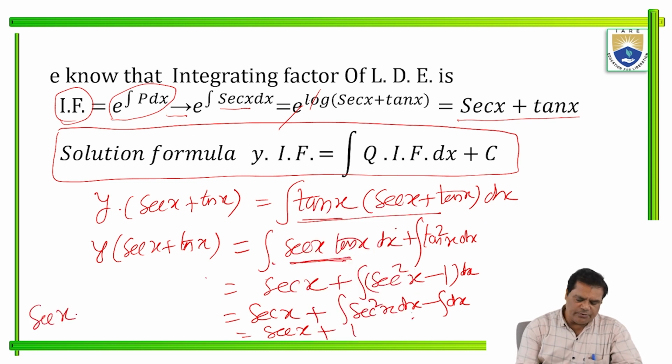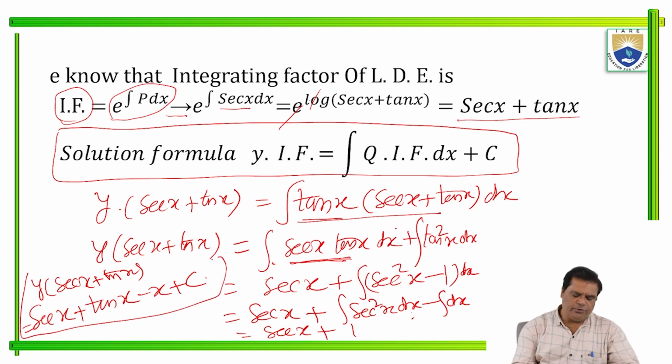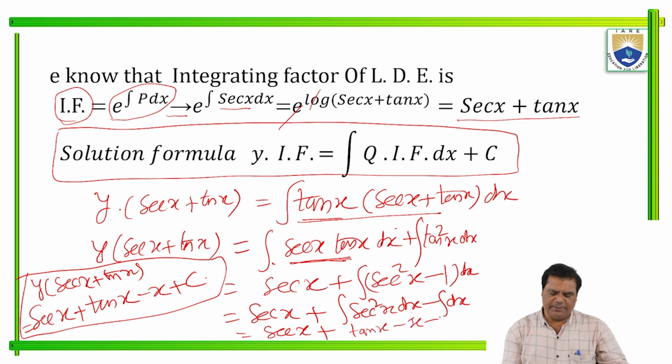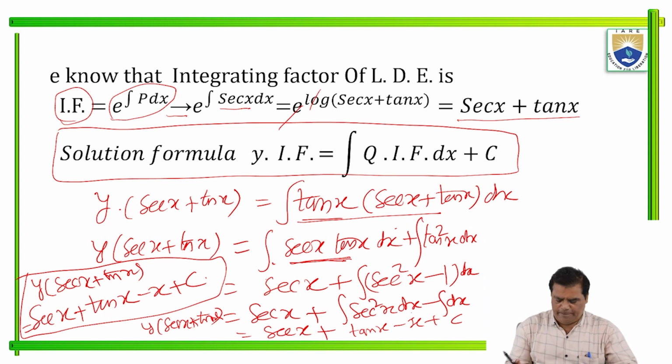So we get sec x plus tan x minus x plus c. This equals y into sec x plus tan x. So this is the solution of this question. The integration of tan x minus x plus c equals y into sec x plus tan x. So this is the complete solution of this question.